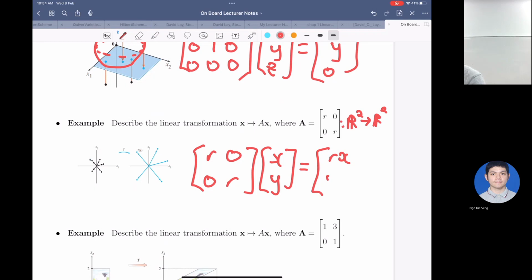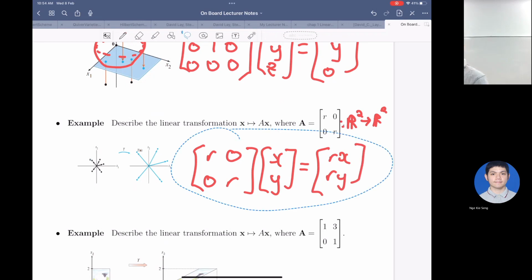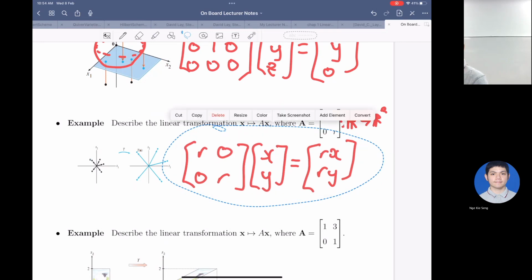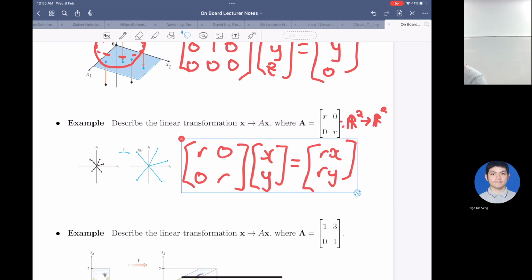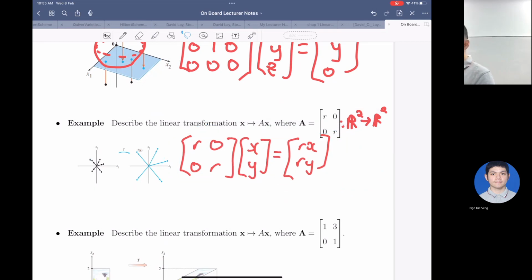We get rx and ry. Maybe it's not so clear what is going on here. Maybe we just pick one vector and see. We know that every vector in R2 is spanned by (1, 0) and (0, 1), so we can see what happens to (1, 0).